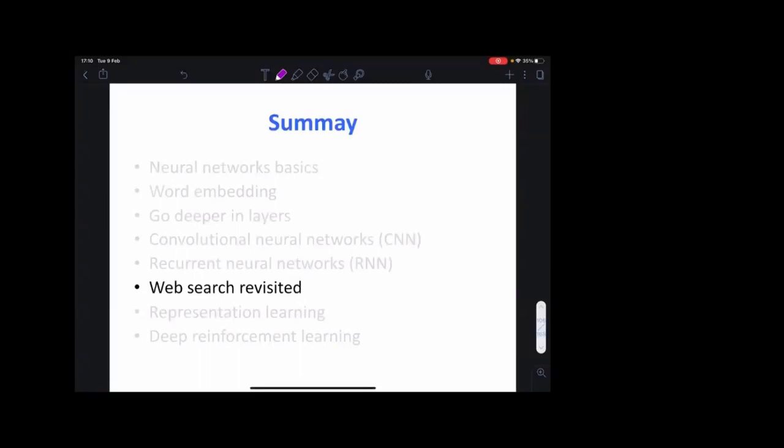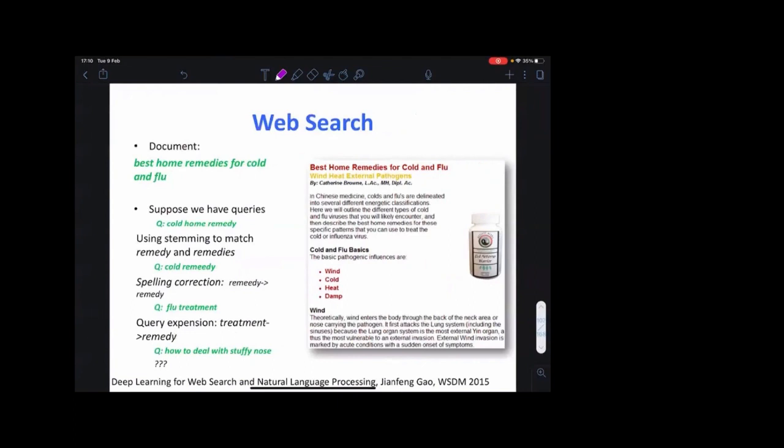Let's talk about this. First, talk about this web search, and then we will talk about representation learning. The web search gives a good example to show how you can make use of this. Think about the search problem: you have an input, which is a query.